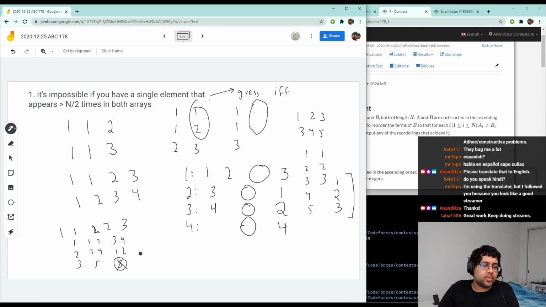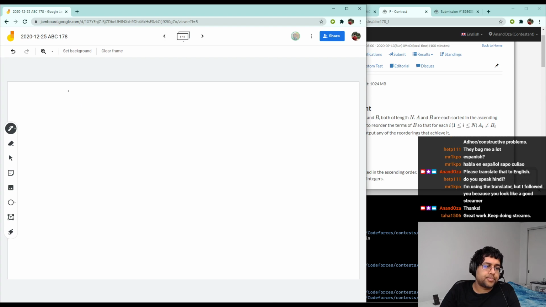I wonder if, when you have a problem, you can always fix it in a single swap without causing another problem. Let's try an example. So if we have 1, 1, 2, 2, 3, and then we have 1, 1, 2, 2, 3. So if we have this, then what we'd want to do is fix, so here's a problem, right?